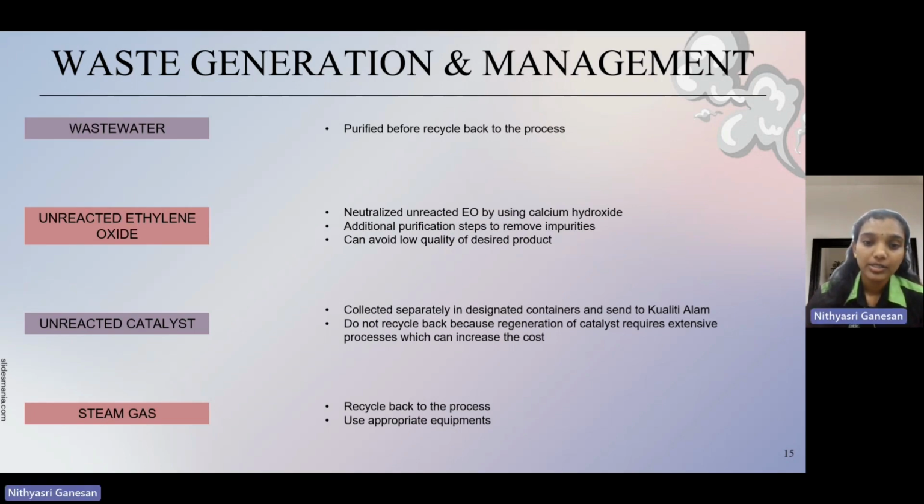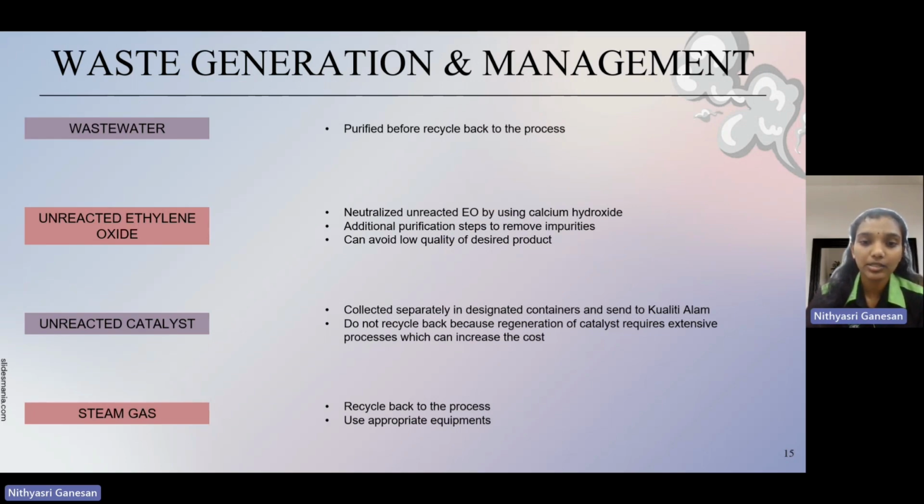The wastewater is generated when water is used as a reactant and solvent in the hydrolysis process. It helps facilitate the reaction between ethylene oxide and water molecules. The water used in the process becomes part of the wastewater stream. Also, regular cleaning and maintenance activities in the plant, such as equipment rinsing or flushing, can contribute to wastewater generation.